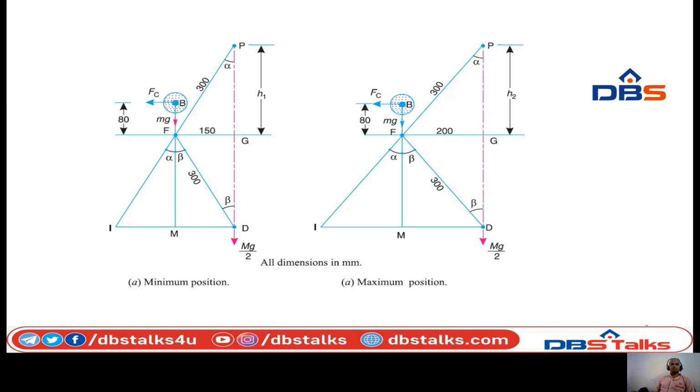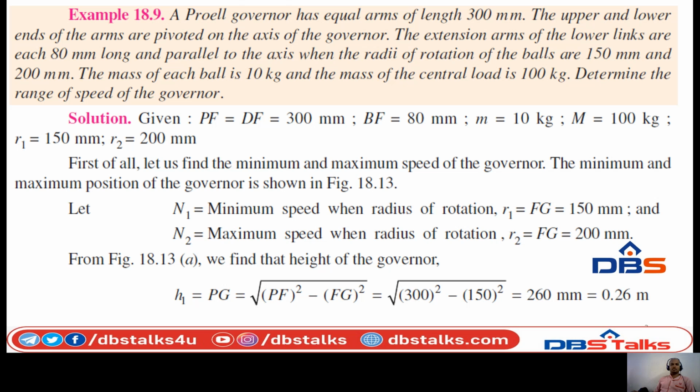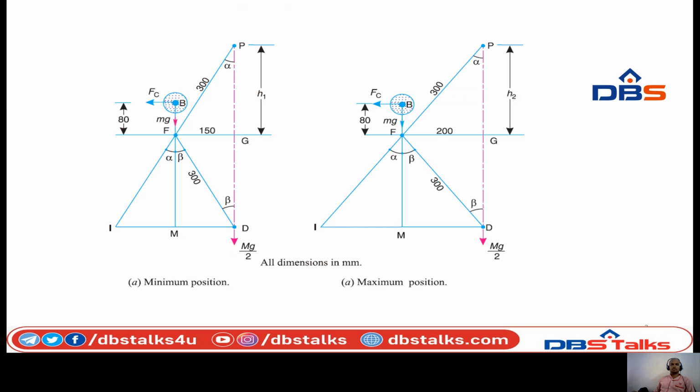Then we need to find out the height of the governor. What is the height? It will be indicated in the diagram of triangle PFG. From this diagram, we need to find out the PG. How to find out the PG?